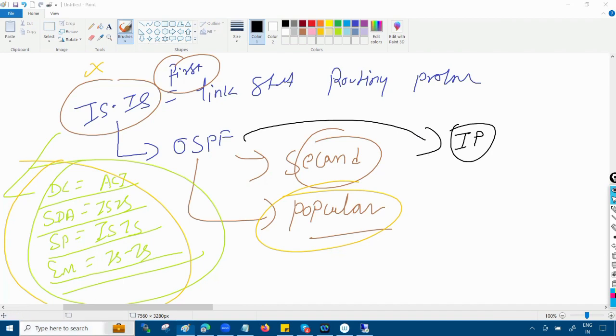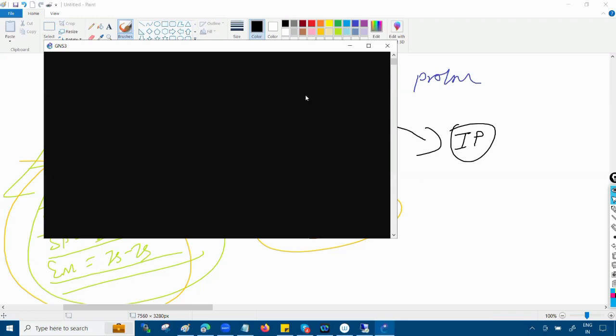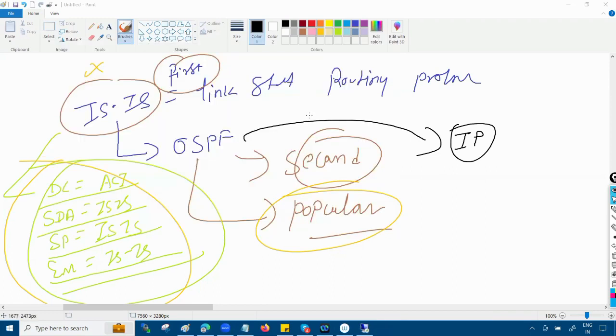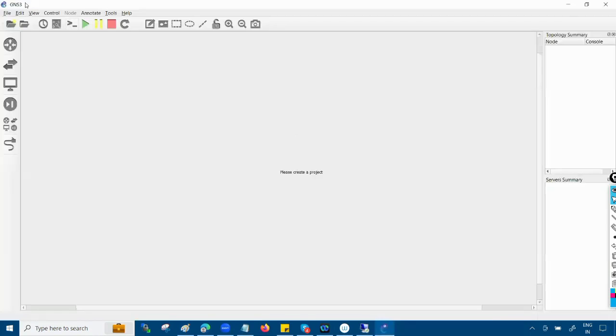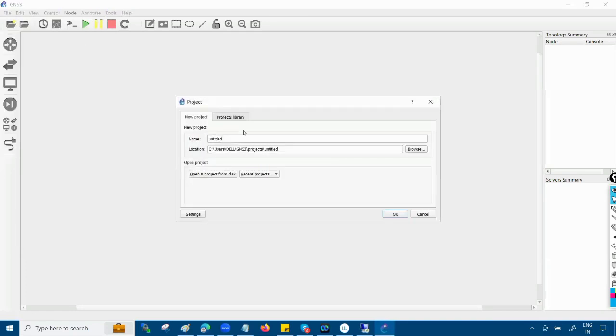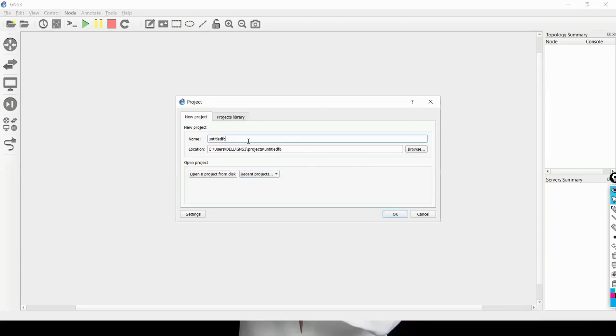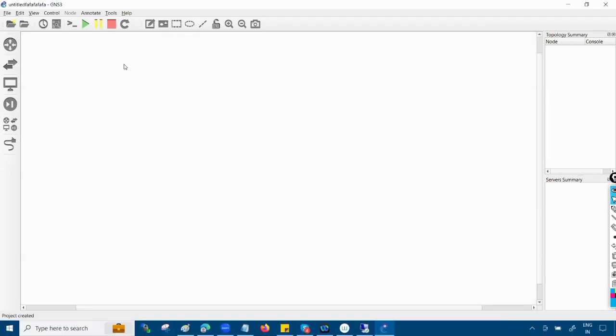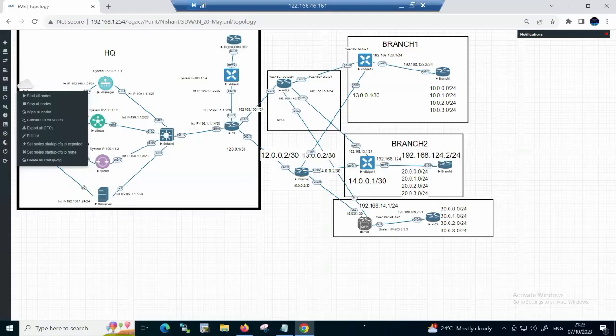And that's why I'd like to show you something over here. If you go to GNS3, run GNS3, I can make some lab over there, or maybe, okay, leave this one for next.